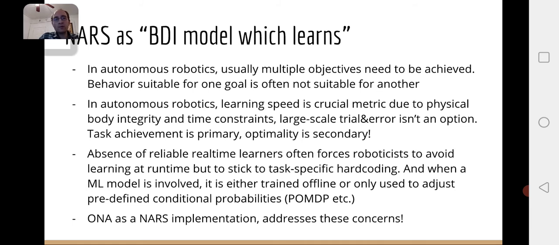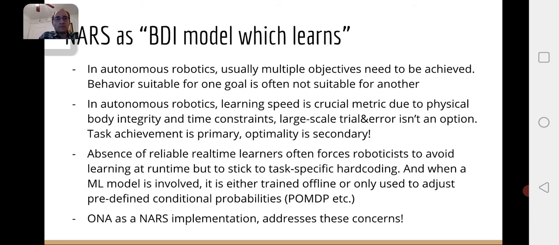So reinforcement learning is already mostly disqualified, at least in its most typical form, because it's not only about learning a state-action mapping anymore. The behavior is fundamentally dependent on the goal the agent tries to realize.